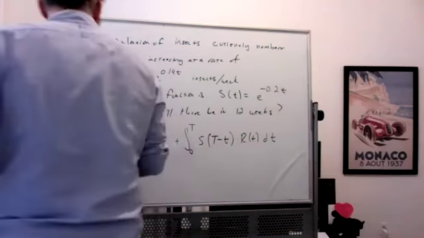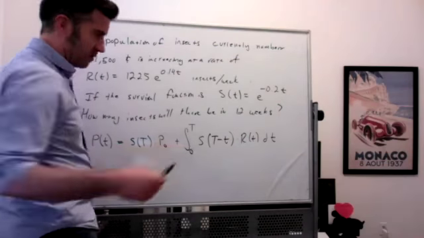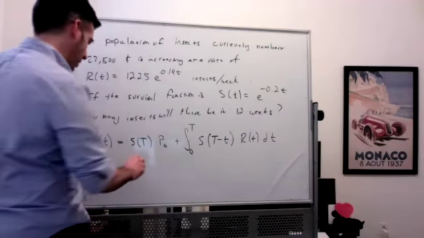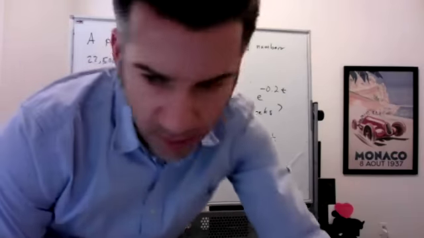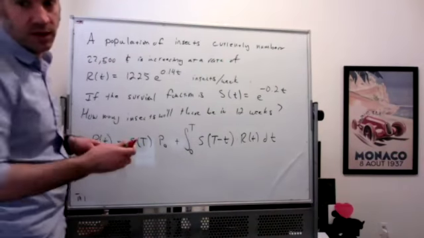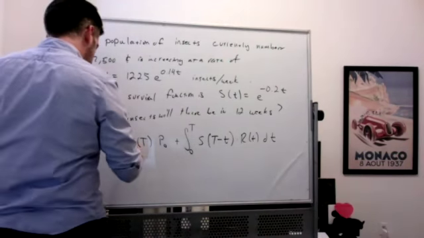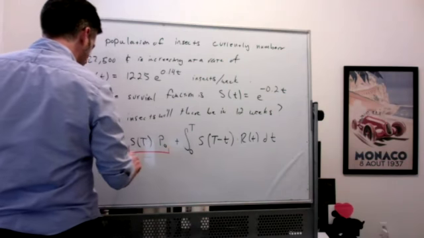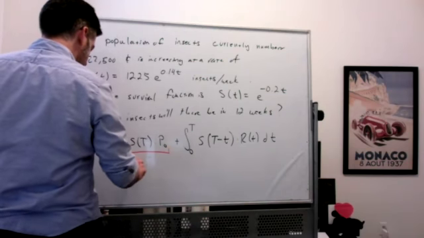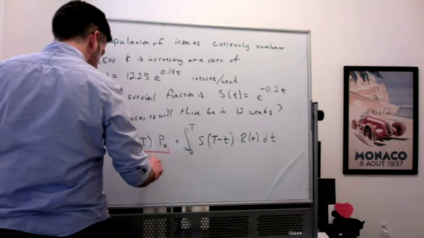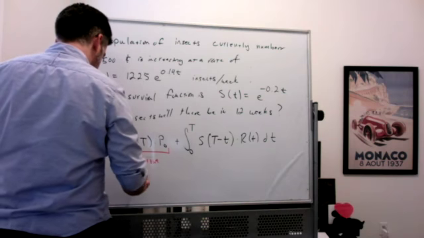So just to run down what this is all about, let me use a different color here. This first part is how many insects survive from the initial population.